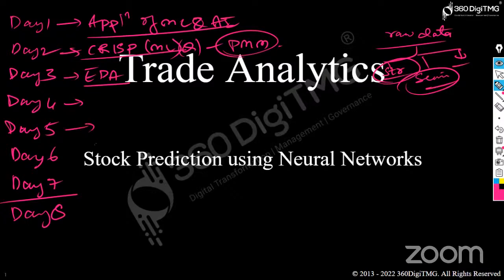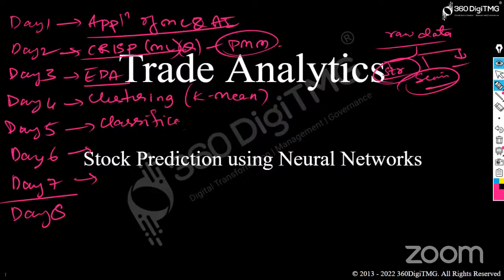So here we selected different models on different days. First we have seen the clustering algorithm, that is K-means algorithm. And then we looked into a classification algorithm, that is KNN. And then we looked into a regression algorithm, that is linear regression.